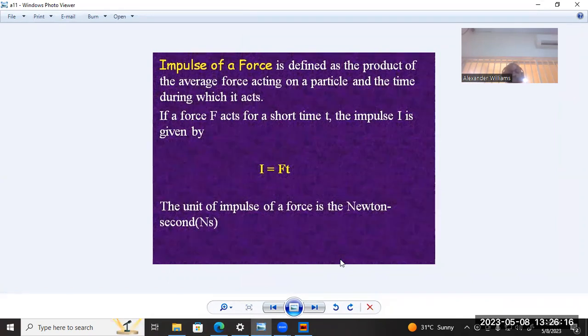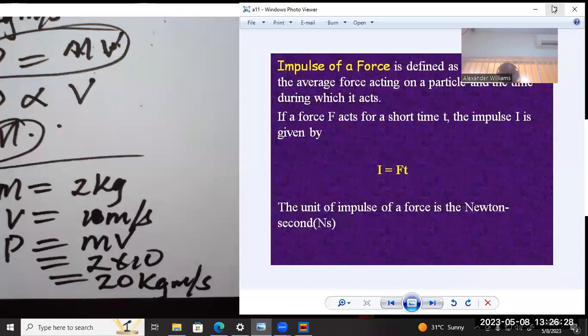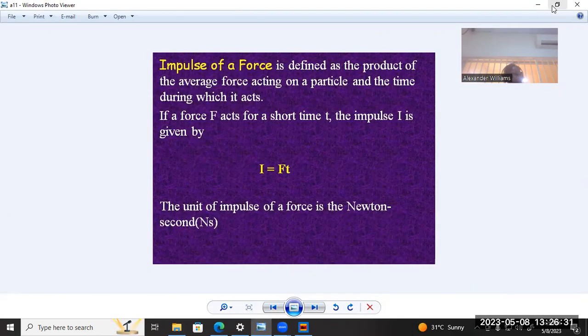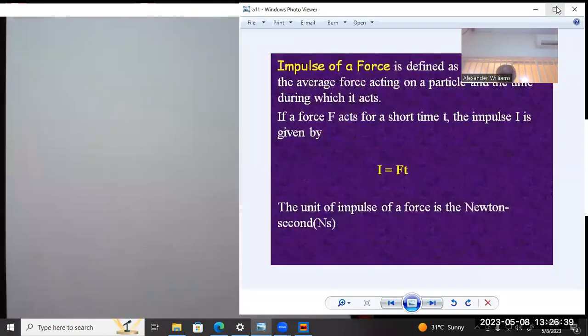So the product of force and the time at which the force acts on the body will give you the quantity known as the impulse of the force. Please note that the unit of impulse of the force is Newton second.